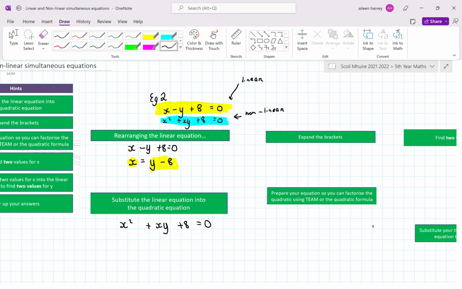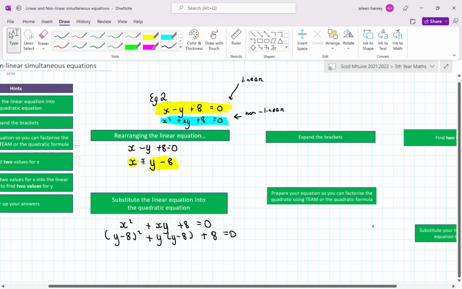And we're going to substitute in y minus 8 wherever I see x. This leaves me with y minus 8 squared plus y times y minus 8 plus 8 is equal to 0. And we can do this because we've just said that x is the same as y minus 8. So they mean the exact same thing.